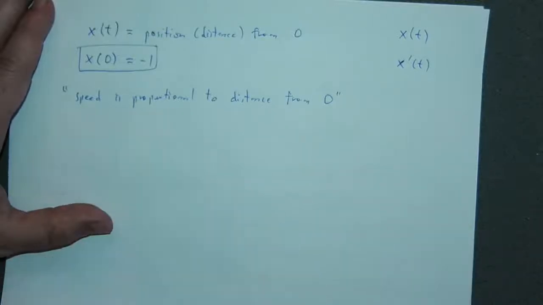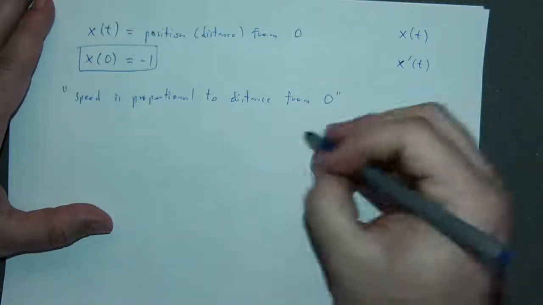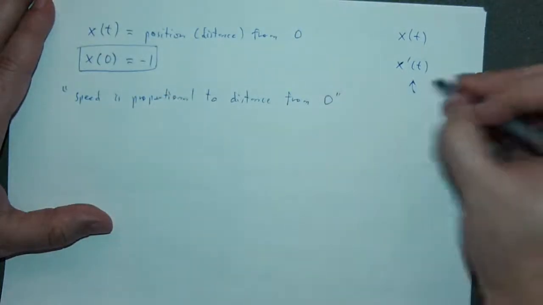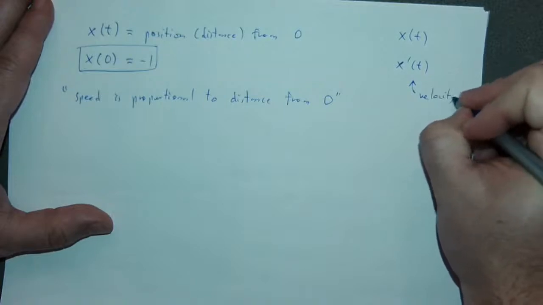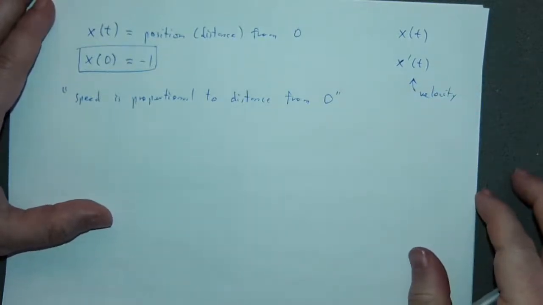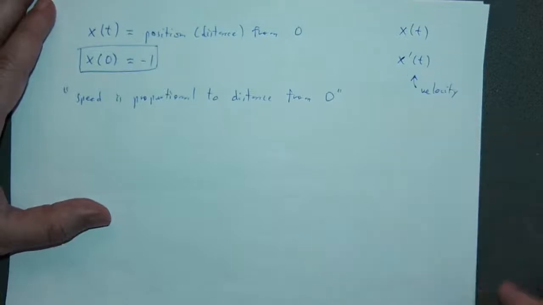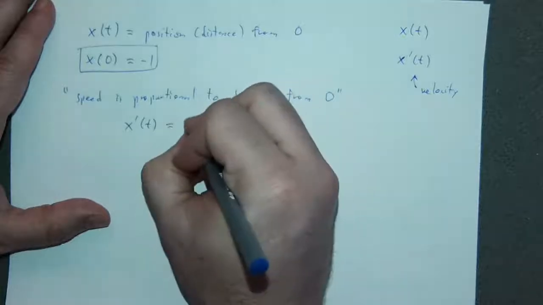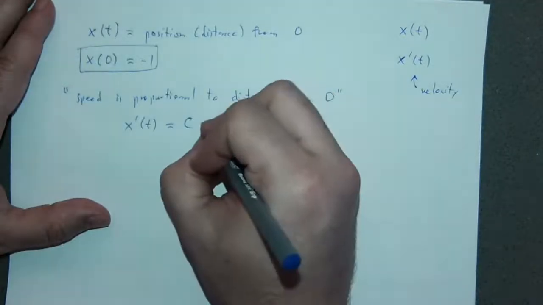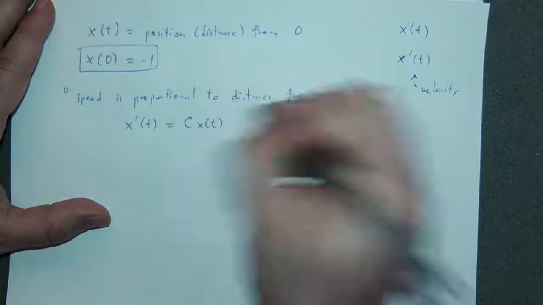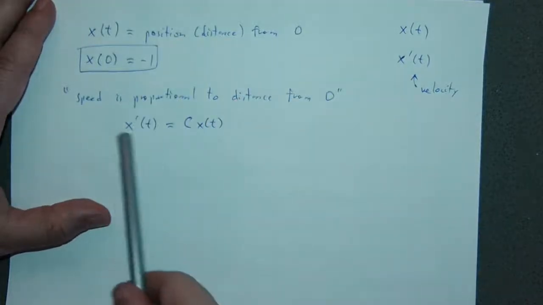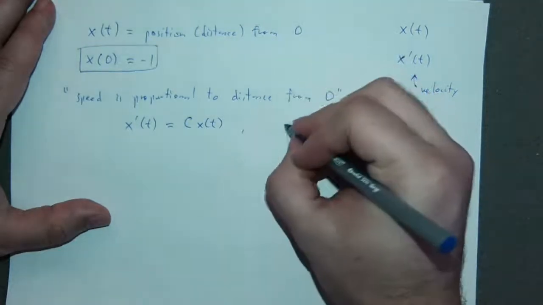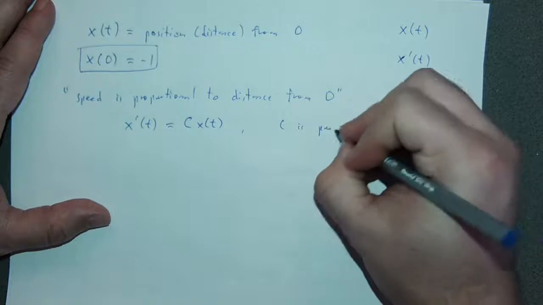So saying that speed is proportional to its distance from 0 means that x prime of t, this is velocity or speed, if we're happy that this has already been normalized, so I've already taken the absolute value here, is equal to some constant c times the distance. It is proportional to the distance from 0, where this c is my proportionality constant.